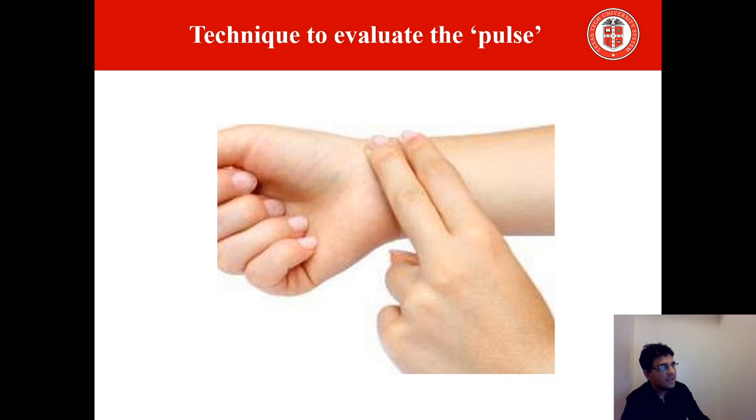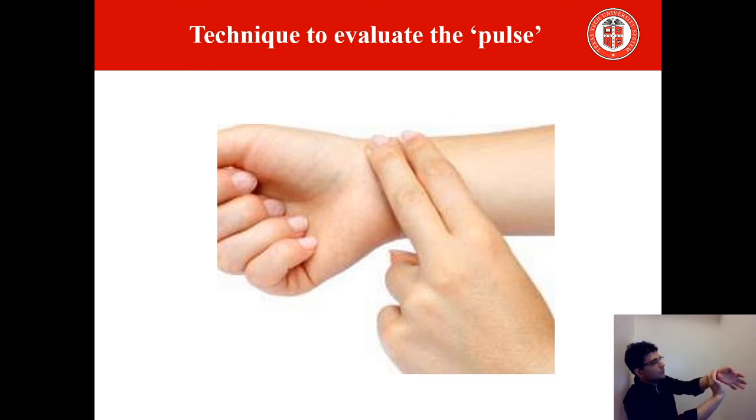This is just a diagram to evaluate, but I want to tell you and try to show you the technique to palpate the pulse. You can use either 2 fingers as shown in the diagram. Sometimes you can also use 3 fingers, and you try to use the pulp of the distal phalanx to palpate, and with the other 1 or 2 fingers you can stabilize the artery so that it won't move.